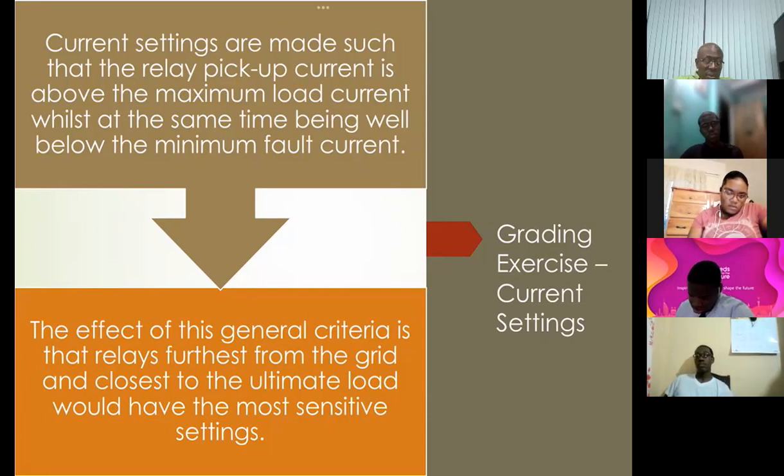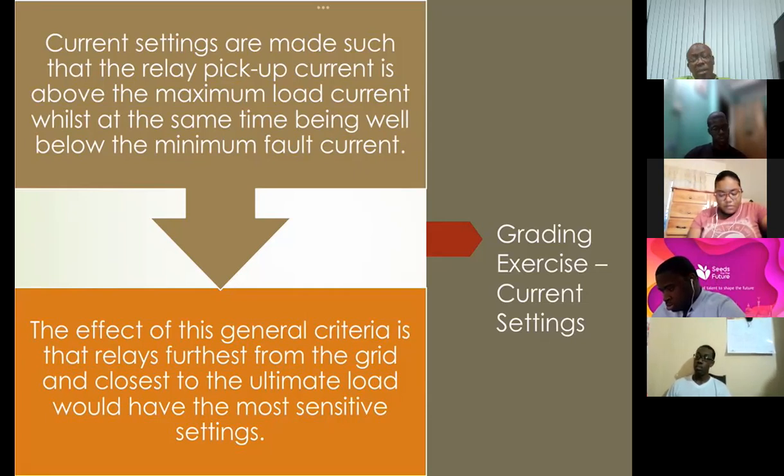The further it is away from the grid, it means that during a fault it would see the lowest current. And because it is seeing the lowest current, the sensitivity of that relay would be highest. Now, I know exactly what we have been saying to you in power systems, and so the next point I know will raise some eyebrows, but nothing to worry about.